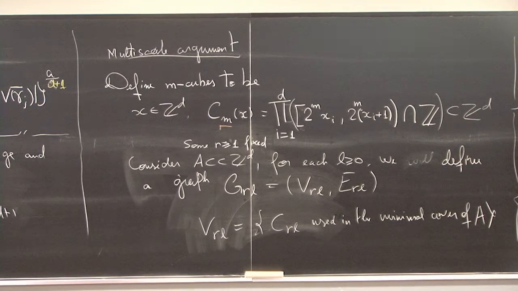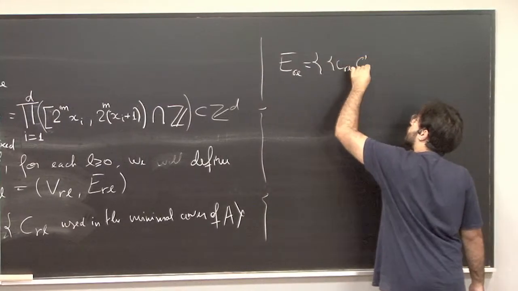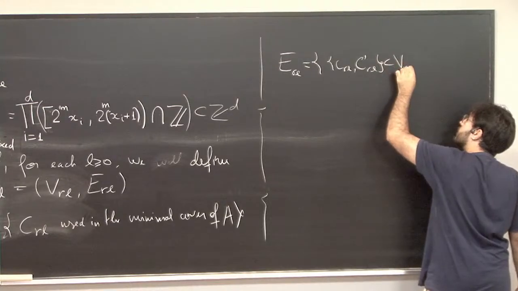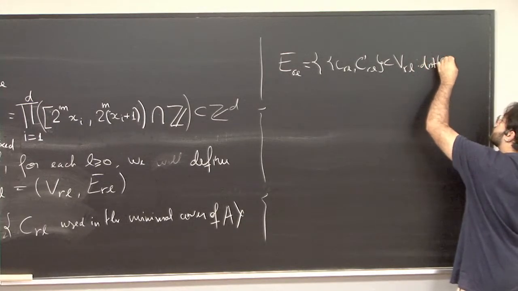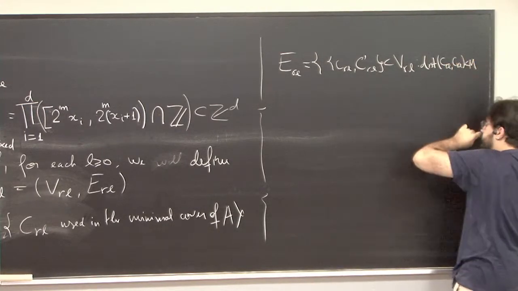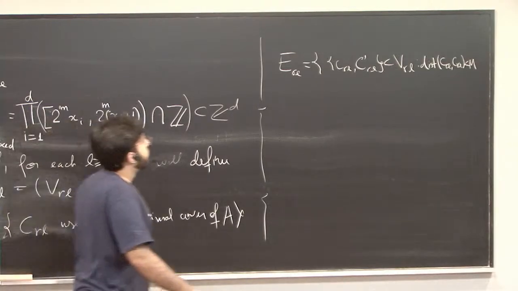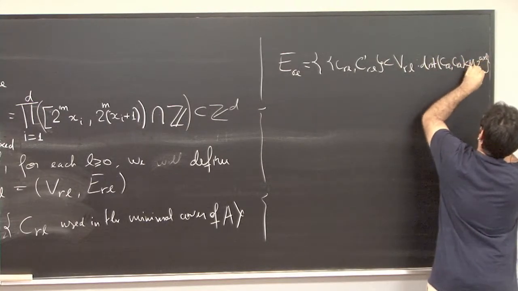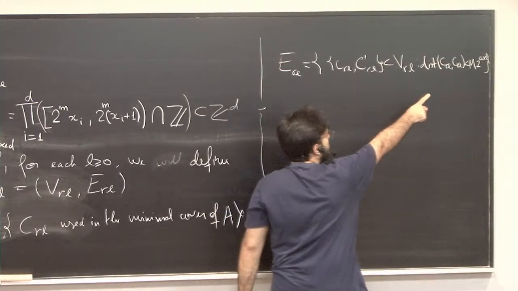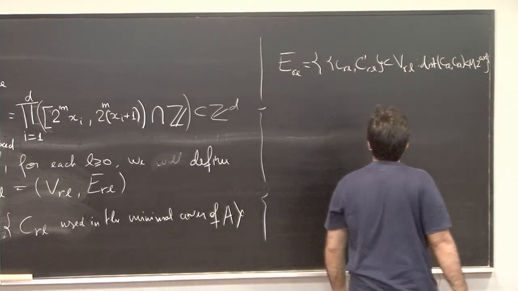So the edges between the cubes will be pairs of cubes such that the distance between them is less than m times 2 to the power R L. So if the distance is less than this quantity right here, then we will put an edge between these cubes.